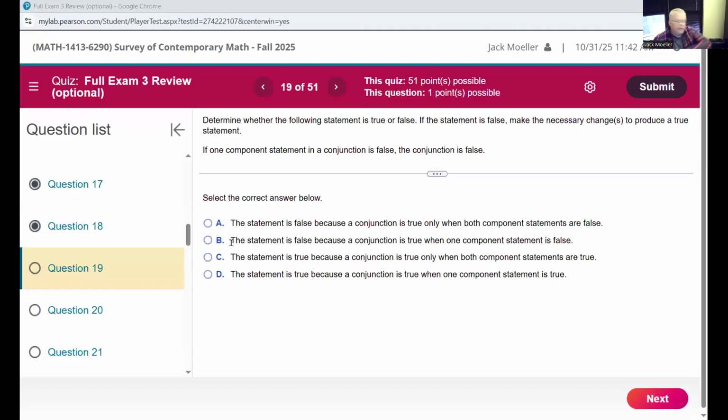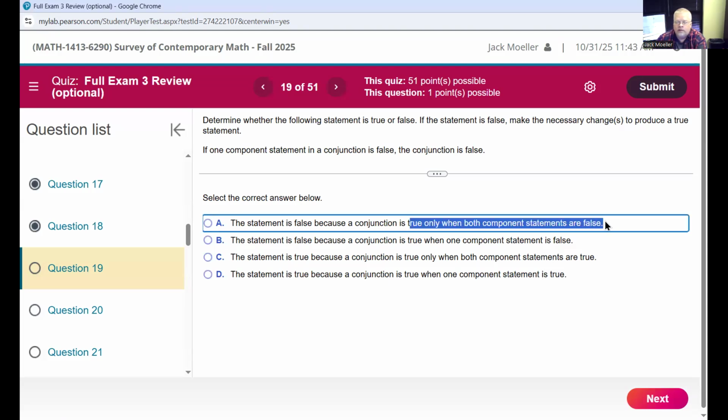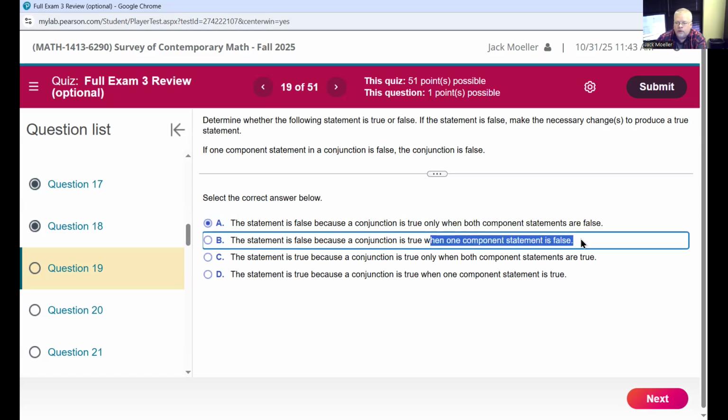So the statement is false because the conjunction is true only when... that's definitely not A, because if they're both false, then the conjunction is false. The statement is false because the conjunction is true when one compound... No, that's also wrong, because if one is false, the whole thing is false.